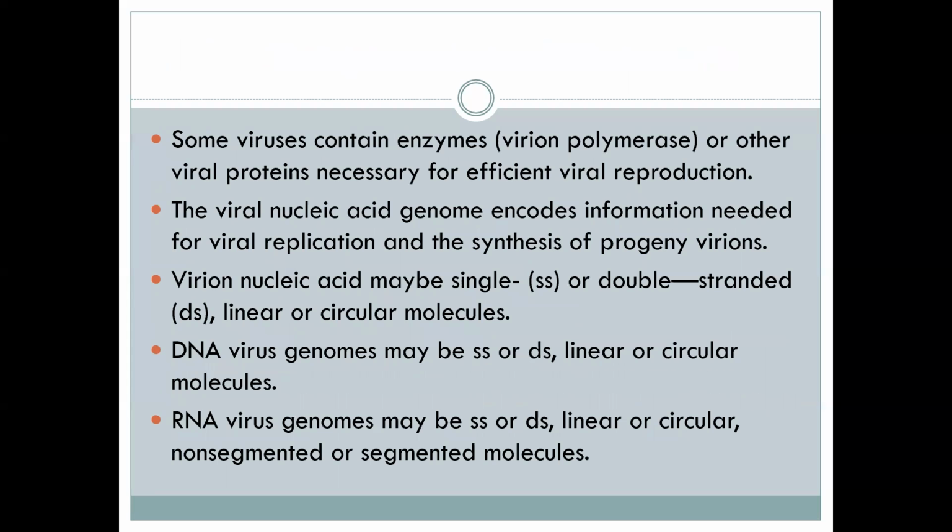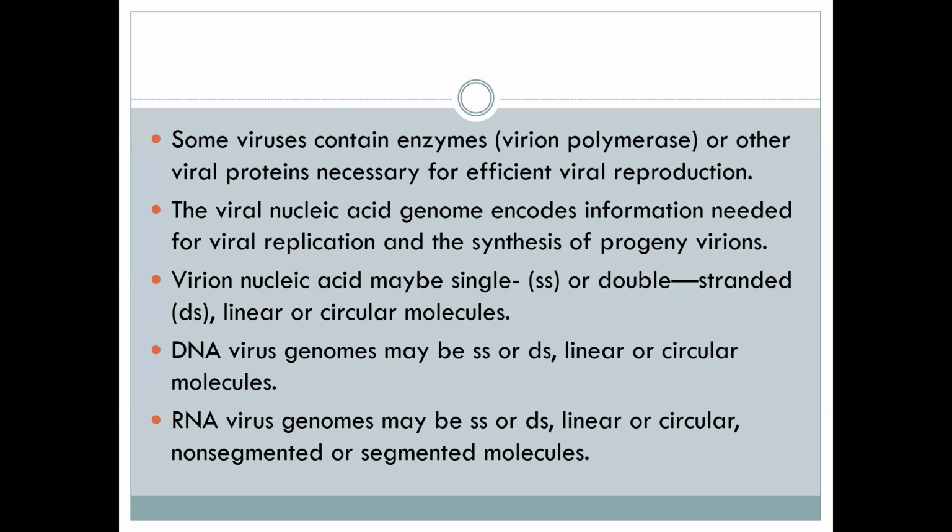Okay? Some viruses contain enzymes like your virion polymerase or other viral proteins necessary for efficient viral reproduction. The viral nucleic acid genome encodes information needed for viral replication and the synthesis of progeny virions. The nucleic acid of the virion, or the genetic material, could be single-stranded or double-stranded, linear or circular.